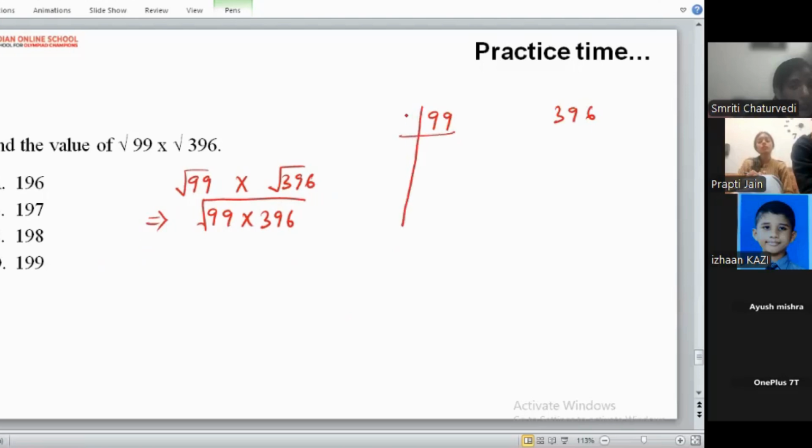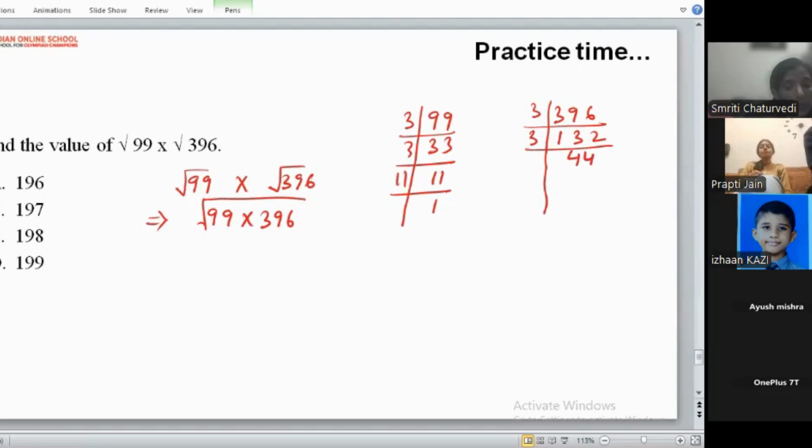Correct? Here we will be getting 3, 3, 3, 11, 11, 1. And here we will be getting 3, 3, 3, 2, 2, 11, 11, 1.